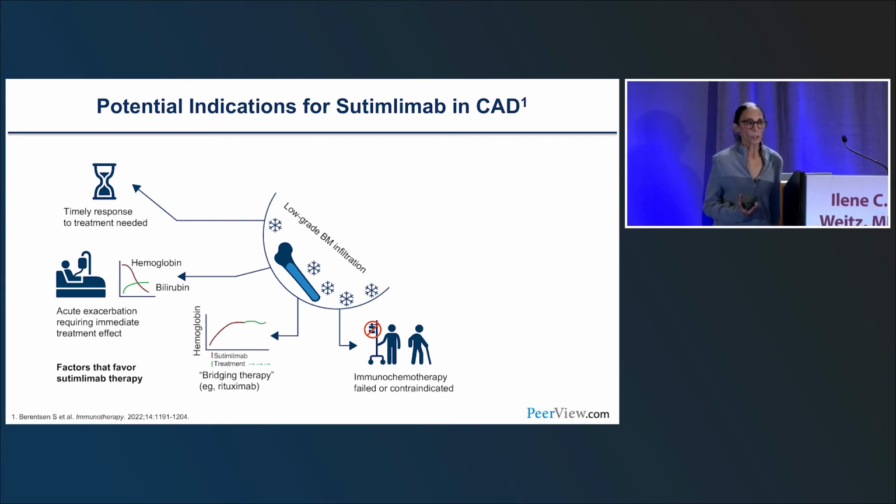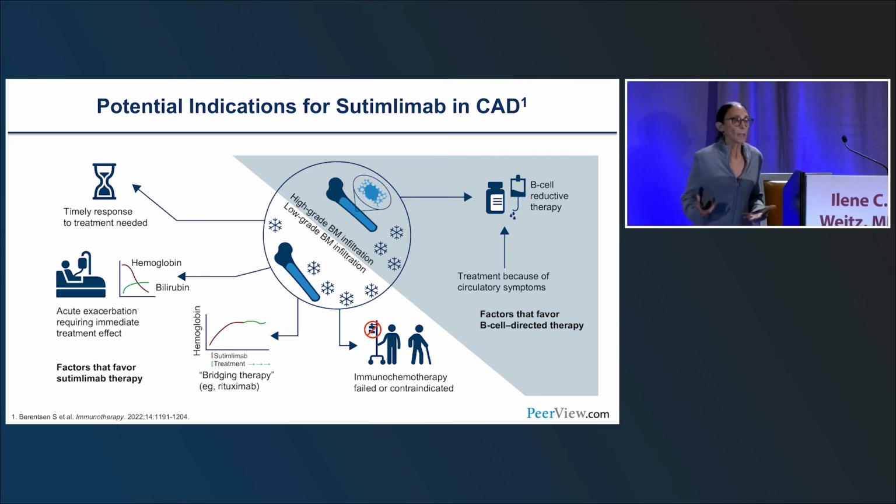What's the indication to use sutimlimab in CAD? You really have to decide which is the more acute process going on with the patient. Remember, these are low-grade lymphoproliferative disorders versus acute hemolysis. So if the patient has high-grade bone marrow involvement, then you're going to probably treat with a B-cell directed therapy.